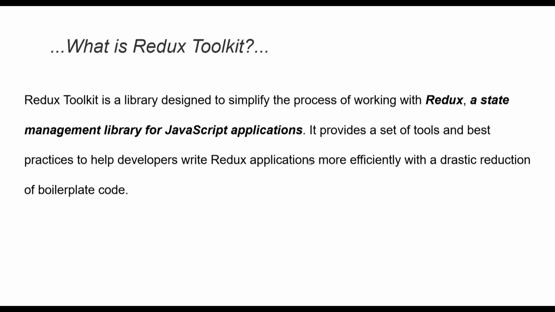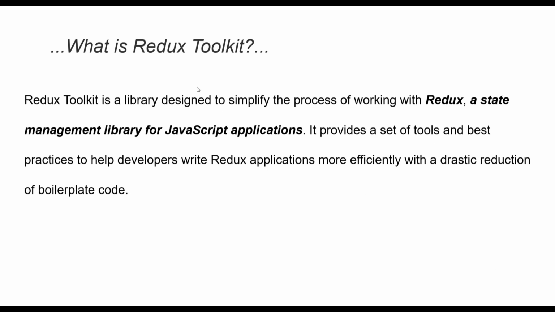So just like, for example, when we are working with Spring Framework, working with the core Spring Framework is very tedious if we are not working with Spring Boot. But when Spring Boot came out, it actually simplified the process of working with Spring Framework. So the same thing is happening right here with Redux Toolkit and Redux itself. So working with Redux itself could be so tedious because there's a lot of boilerplate code to write to actually get our job done.